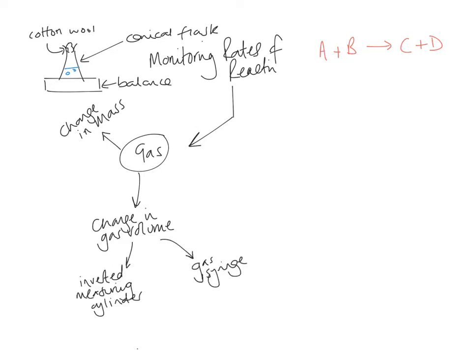The gas syringe method uses a gas syringe connected to a conical flask with an airtight seal, and as the gas is given off, it goes through the bung and displaces the syringe, and so you can make a measurement. Over regular intervals, you take a reading of the volume given on the graduated syringe, and then you track that.